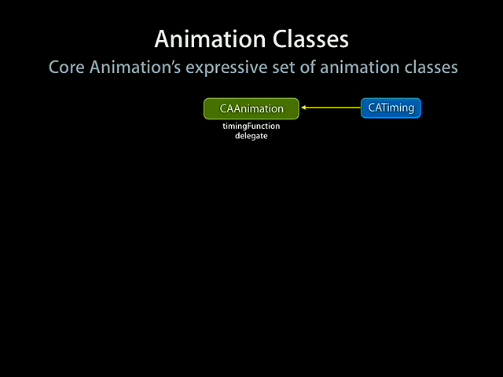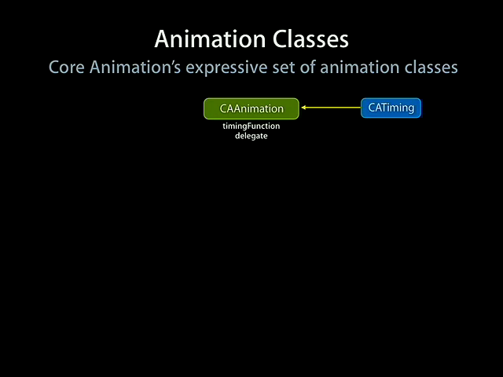So now we're going to look in a little more detail at the classes that let you describe animations. So the base class is the CAAnimation. And this really just has a timing function which defines ease in, ease out curves, things like that, and the delegate. The delegate lets you get messages back when the animation starts and stops, which can be useful in some cases for chaining things or modifying the layer tree after an animation is finished.